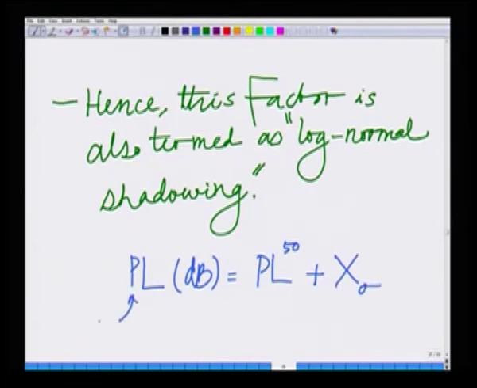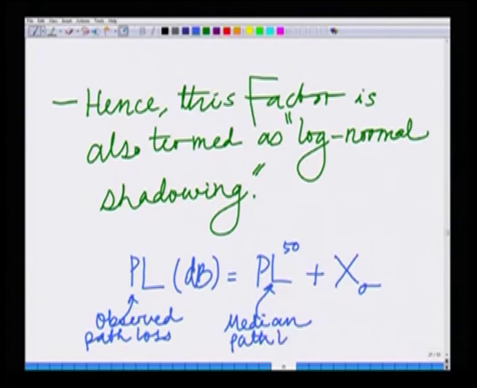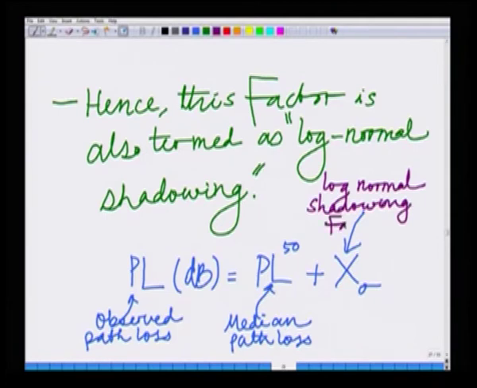So, this is the observed path loss, this is the median path loss, and this is the log normal shadowing factor.